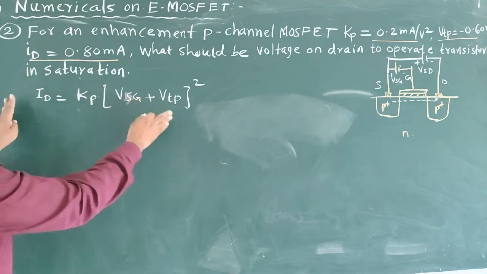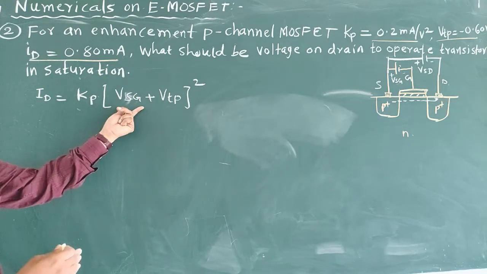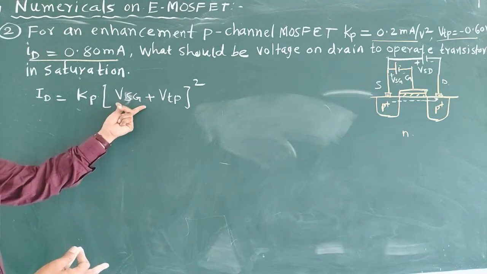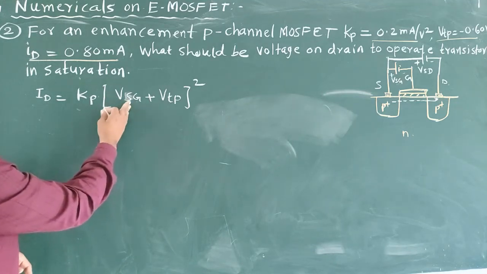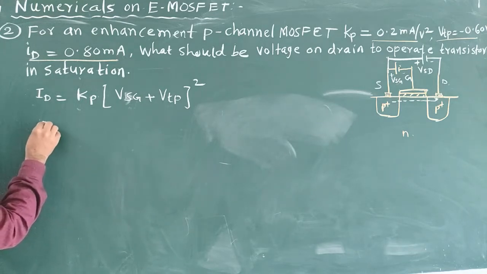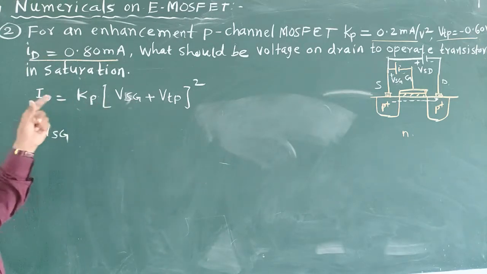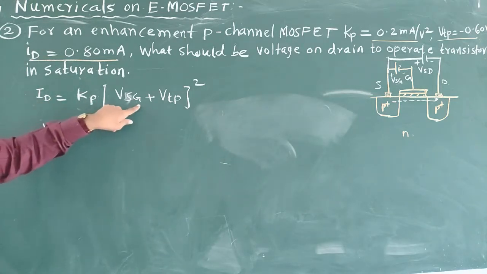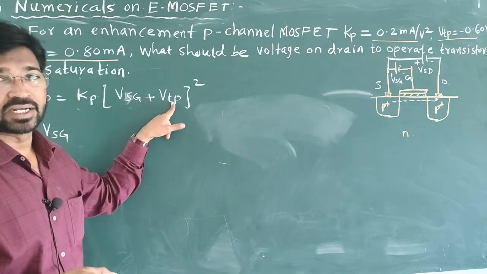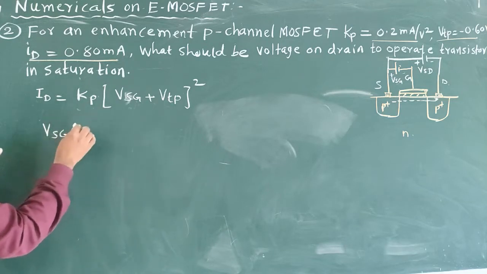Okay, we have to find VSG so that we can find the voltage on drain by using this parameter. As it is a quadratic equation, if we expand this, it is ID by Kp equals VSG square plus 2 VSG VTP plus VTP square. Instead of solving that way, we can directly have a relation by using this equation.